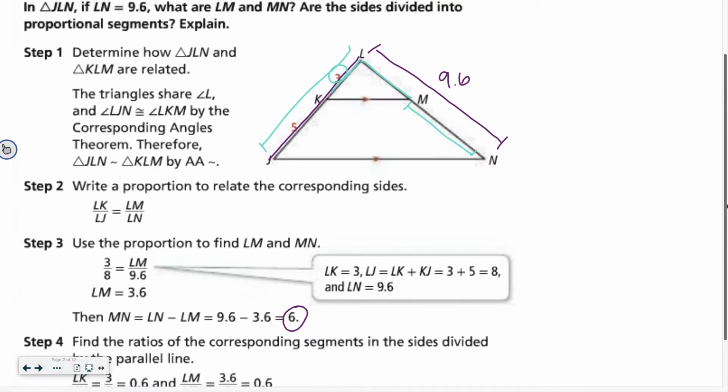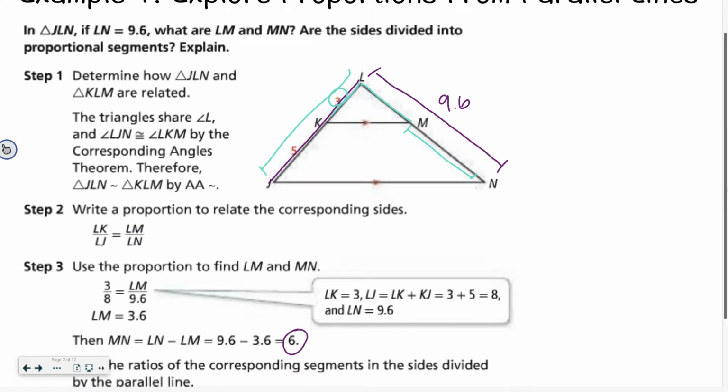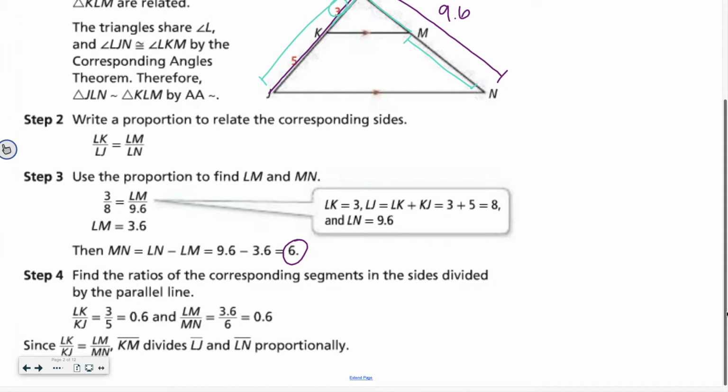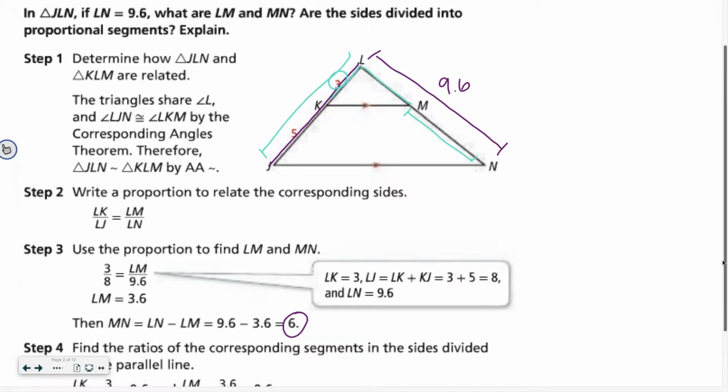But the question, if we go back up, is, are the sides divided into proportional segments? So let's take a look at that. Our last step would be to say LK over KJ. So that is taking both of these sides, so 3 and then separately the 5.